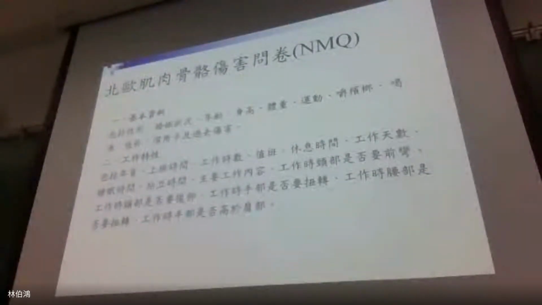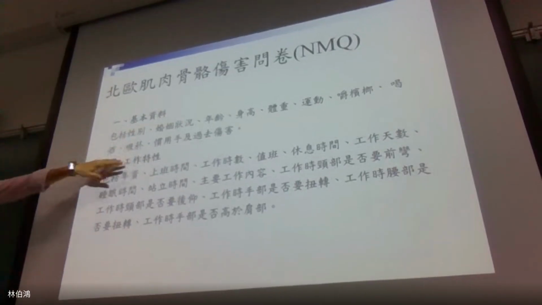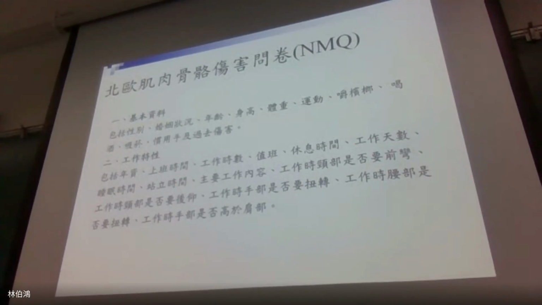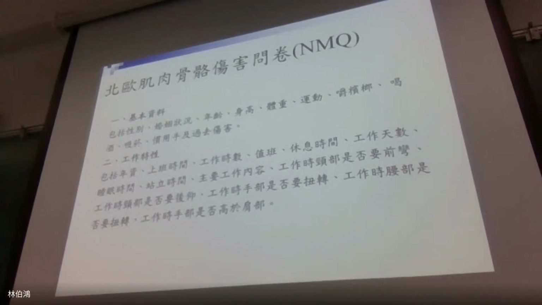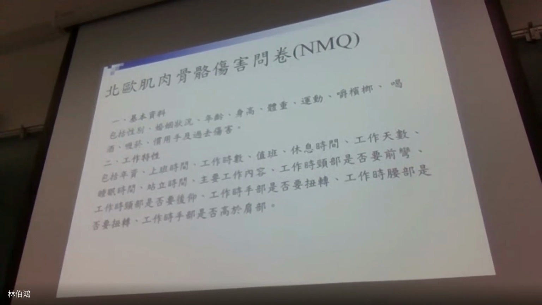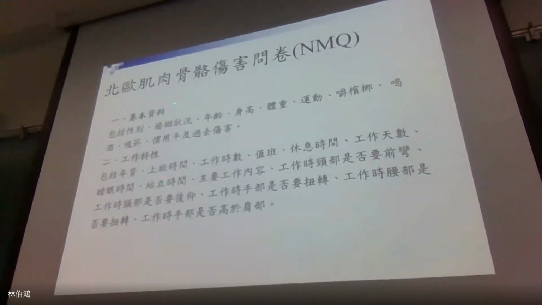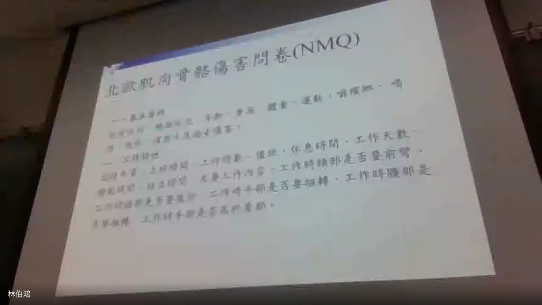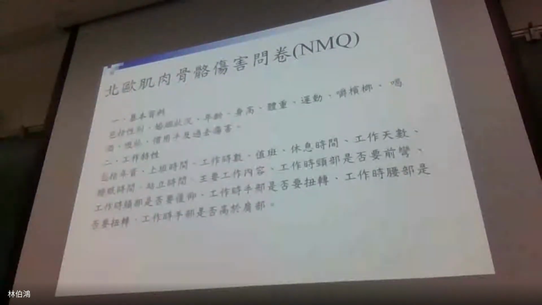So here is about the MAQ. There are two main parts in the MAQ. The first one is your demographic, like your sex, gender, your marriage, your age, your height, your weight. Like some of the basic information for a questionnaire, you will have the basic demographic information.